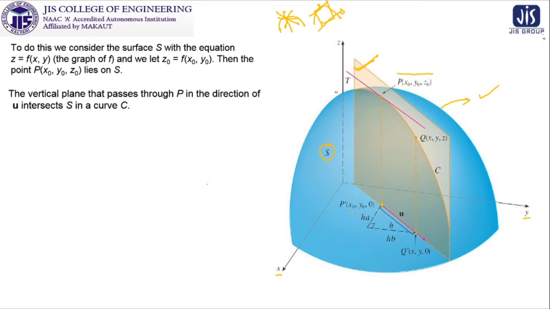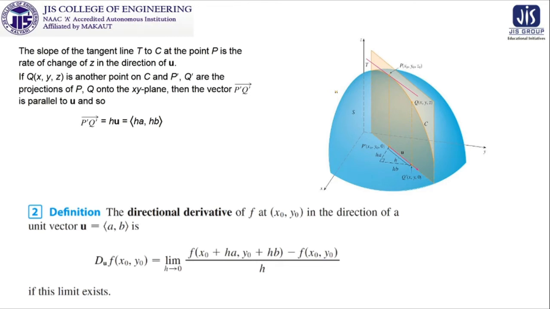This particular vertical plane, along with the surface S, has an intersection, but it is going to be a curve, because we are cutting a surface by a plane, like cutting your cake with a knife. You will get a curve at that intersection. Clear? Now the slope of the tangent line, we are taking the same diagram, nothing to worry about.